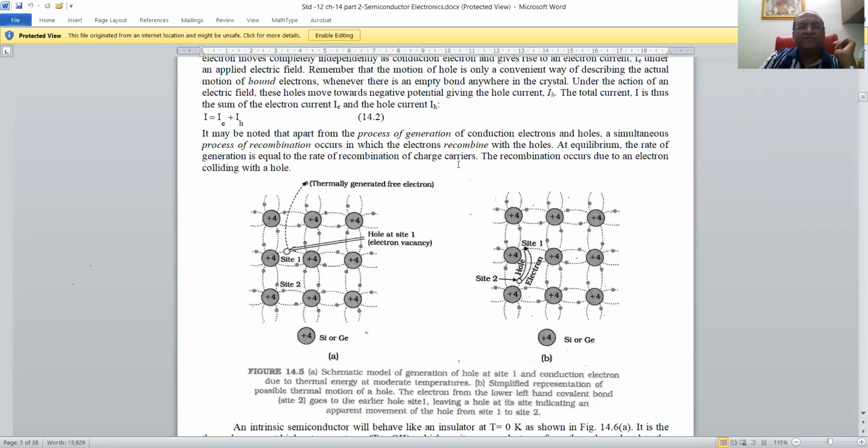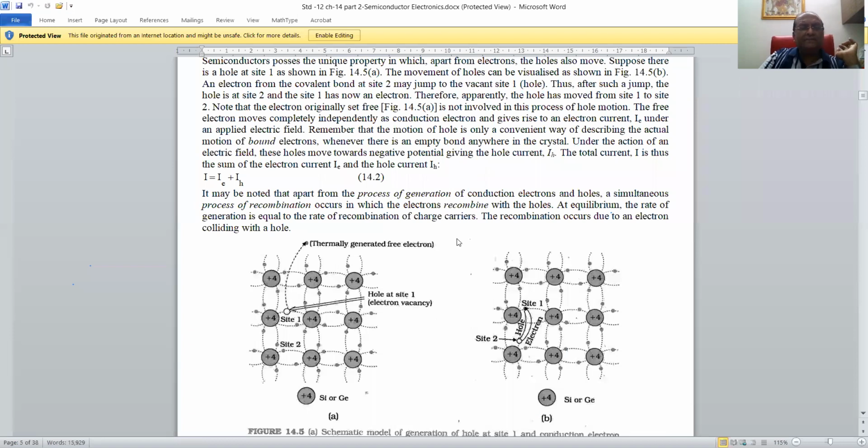ચલો હવે કંડક્શન પ્રોસેસ જે છે, so in semiconductors the conduction process takes place that is due to flow of electrons as well as holes.